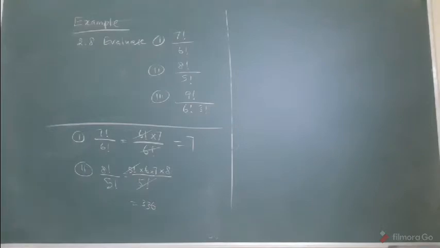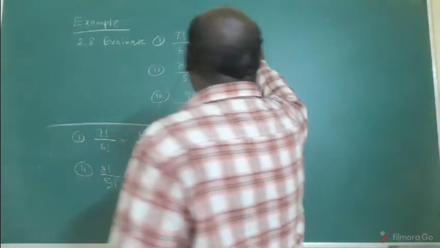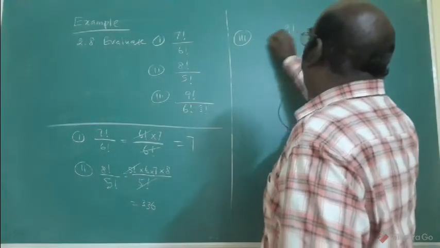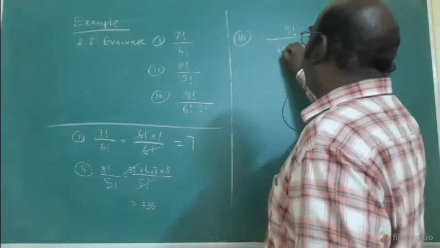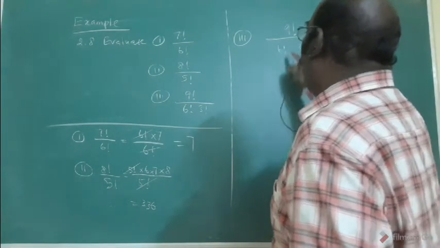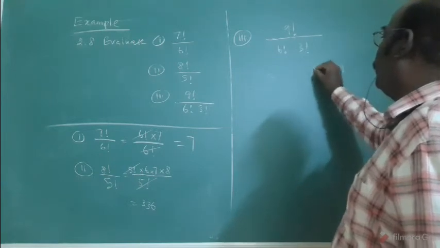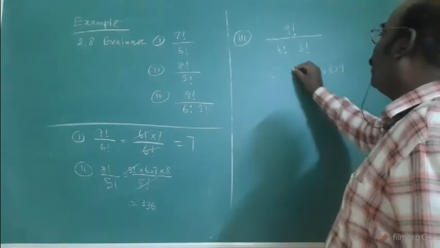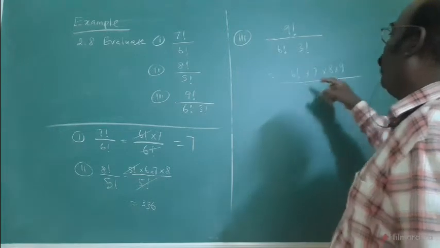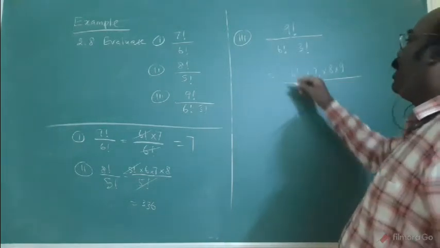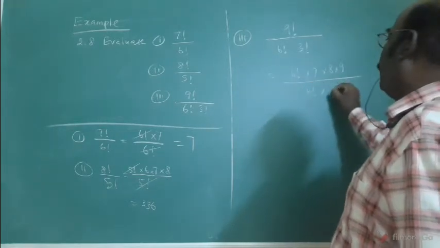Now last one, third subdivision: 9 factorial divided by 6 factorial into 3 factorial. What I told you? The 9 factorial can be 9 into 8 into 7 into 6 factorial. Am I right? In the denominator also 6 factorial is involved. This will be cancelled.